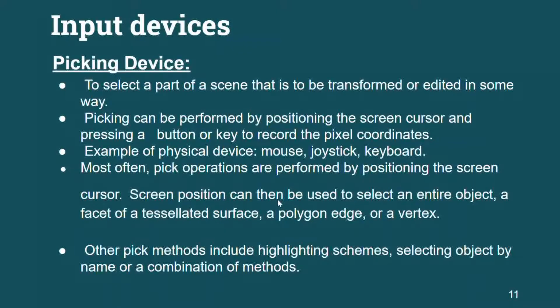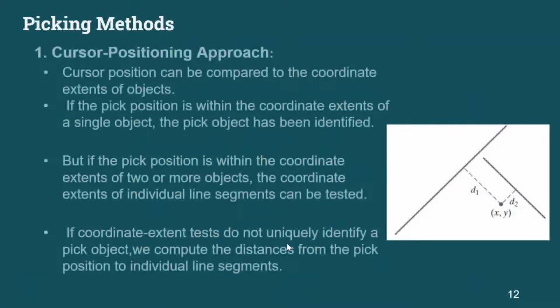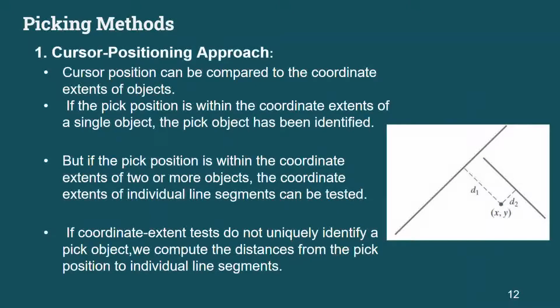There are a lot of methods and schemes to pick certain elements on the screen through the picking devices, and we'll be discussing them right now. The first approach is called the cursor positioning approach. Let's say you position your cursor on the element you want to pick.